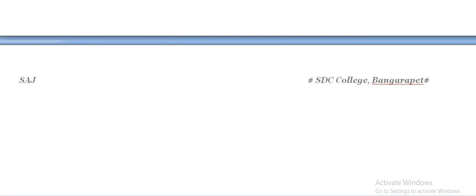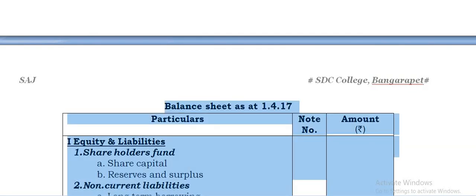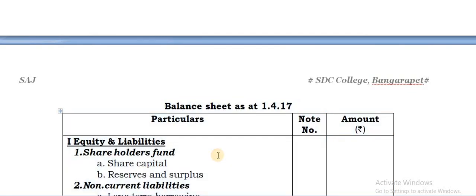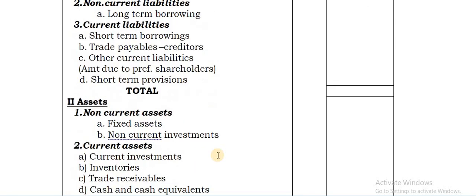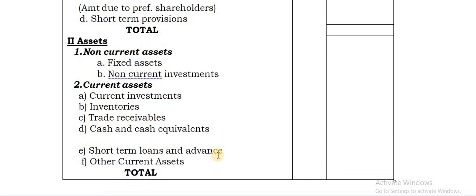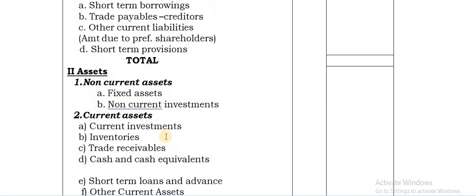So next you can go for a balance sheet. Check the format first. You can write down the format. You can pause and write down the format. Told you here always you can leave one line space under the head cash and cash equivalents because they'll be working out on it.